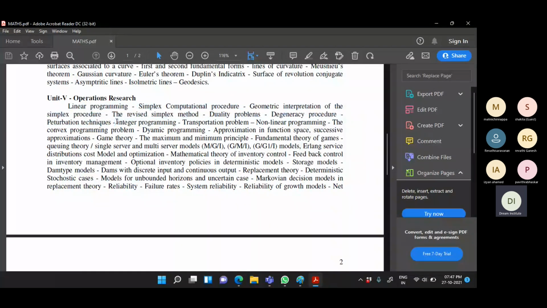Transportation problem has some subdivisions, like transportation problem, special cases, assignment problems. So up to this is the second stage. First stage is linear up to degeneracy procedure and integer programming to successive approximations.